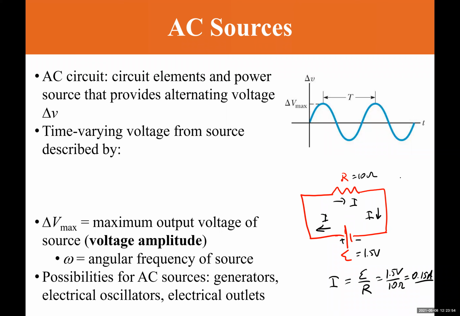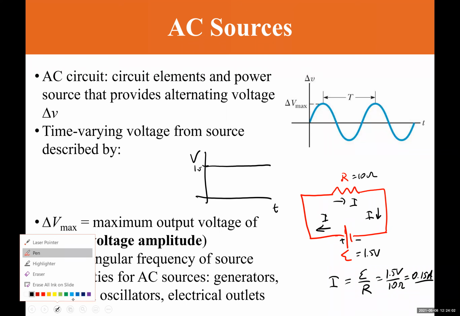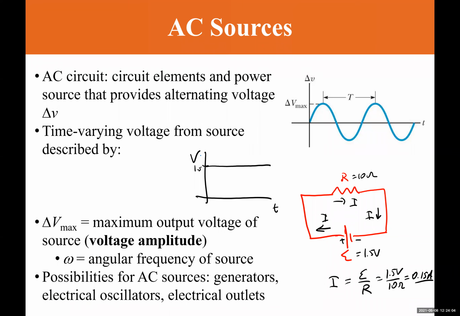So if you're plotting the voltage as a function of time, it's 1.5 the entire time. If you're plotting the current as a function of time, it's going to be 0.15 amps the entire time. So it's going to be a constant current, constant voltage.